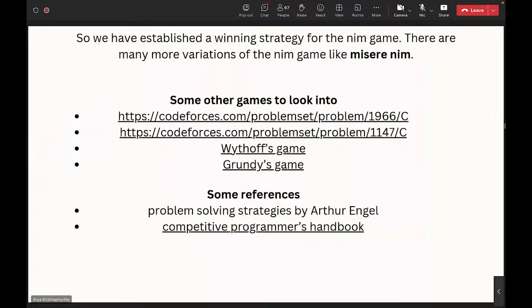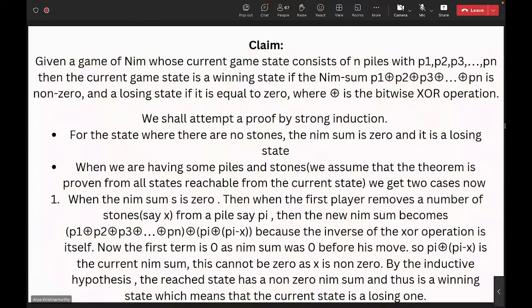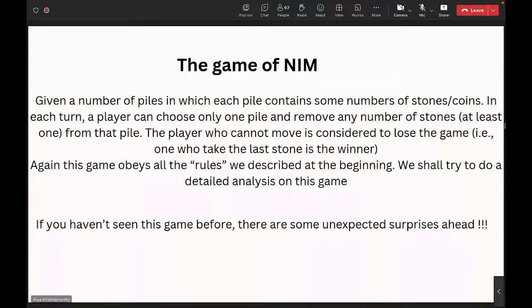Okay, fine. Now I would like to give you an interesting problem to think about. In the same NIM game that we have been discussing for so long, each player cannot remove any number of stones.